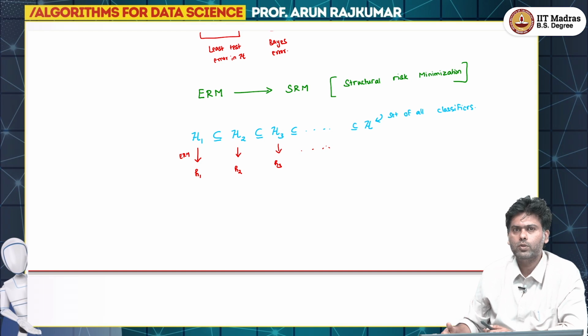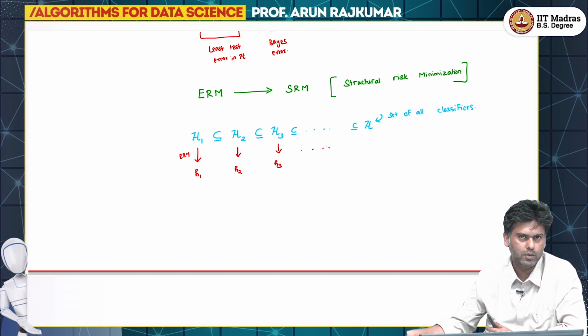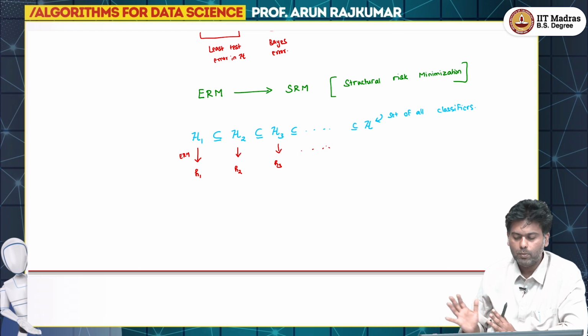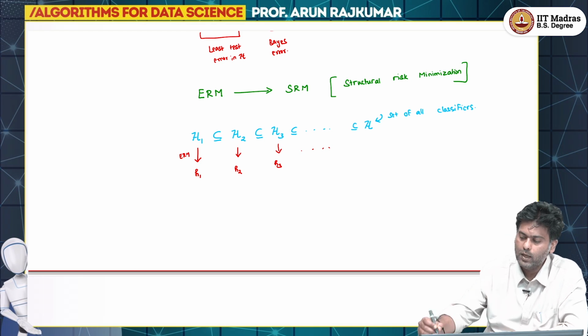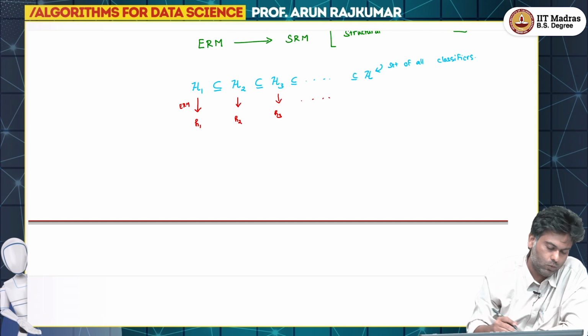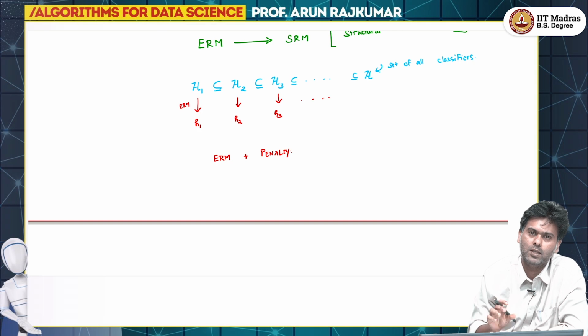At some point the classes become so complex that I will overfit, and so I will not generalize or I will not have good estimation error, right. So, somehow we need to balance these two things, and the proposal was to look at ERM plus some penalty, and then find that H which minimizes ERM plus this penalty term.